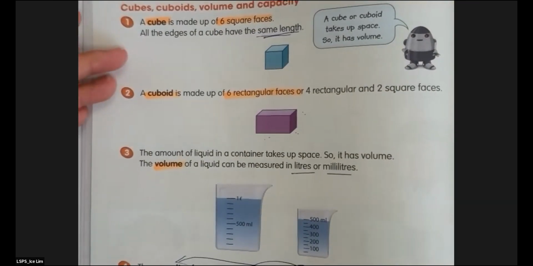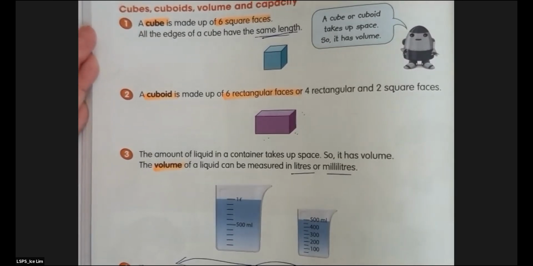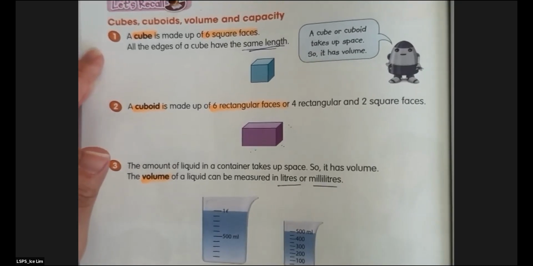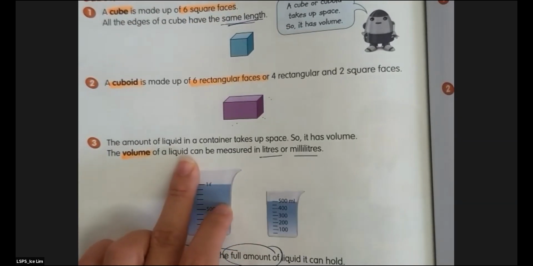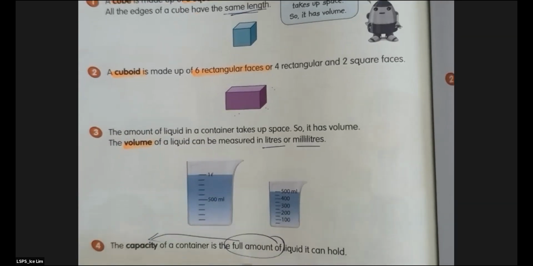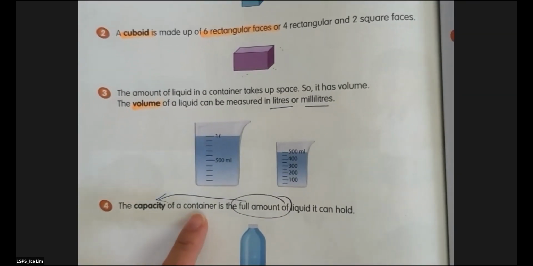About solids occupying space, we talk about that in science as well. All matter occupies space. And then we talk about how we learn about volume in terms of liquid measurements in primary 2. And there's this word about capacity that's important. Are you looking at my screen?